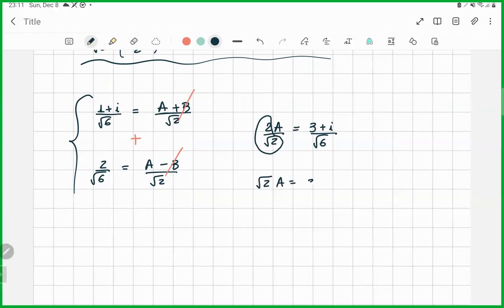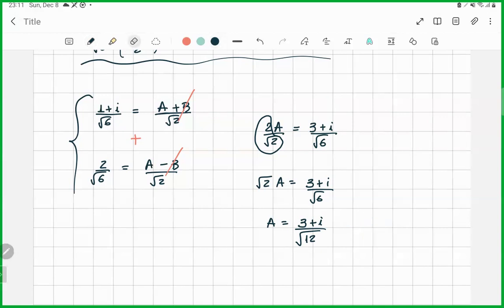so A is 3 plus i over square root of 12. If you want, you can remove the 2 here. You could also write it as 3 plus i over 2 square root of 3. But I'll keep it as it is because what we want to find is the probability, right?